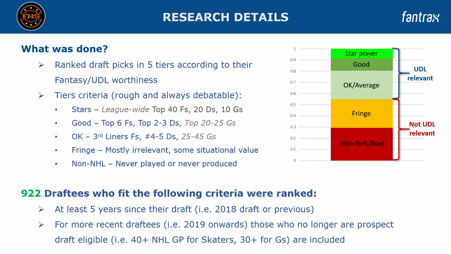Out of all draftees, 922 were ranked. So each draft pick from the 2018 draft or previous was ranked, which impacts the results in a way that some of those draft picks, especially the 2018 ones, could still develop and move up in this tier system, which would improve the results of the draft.